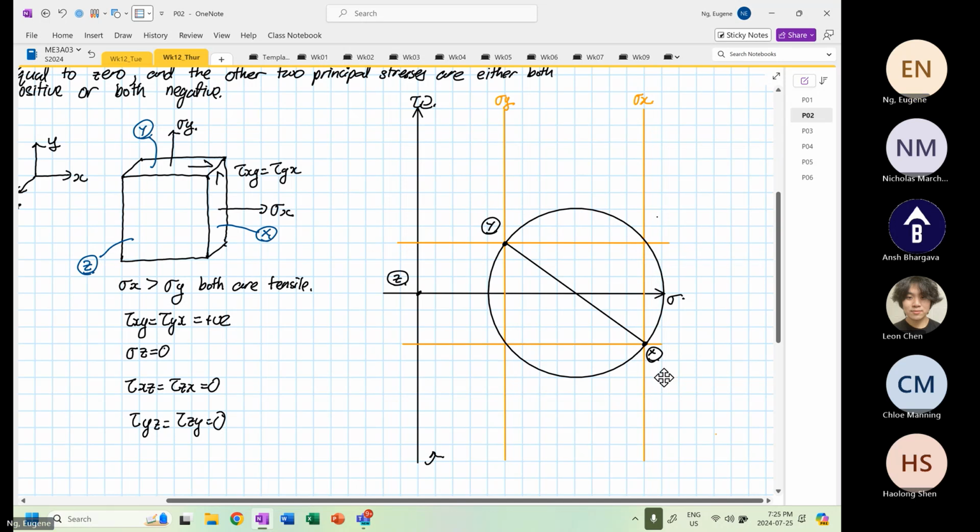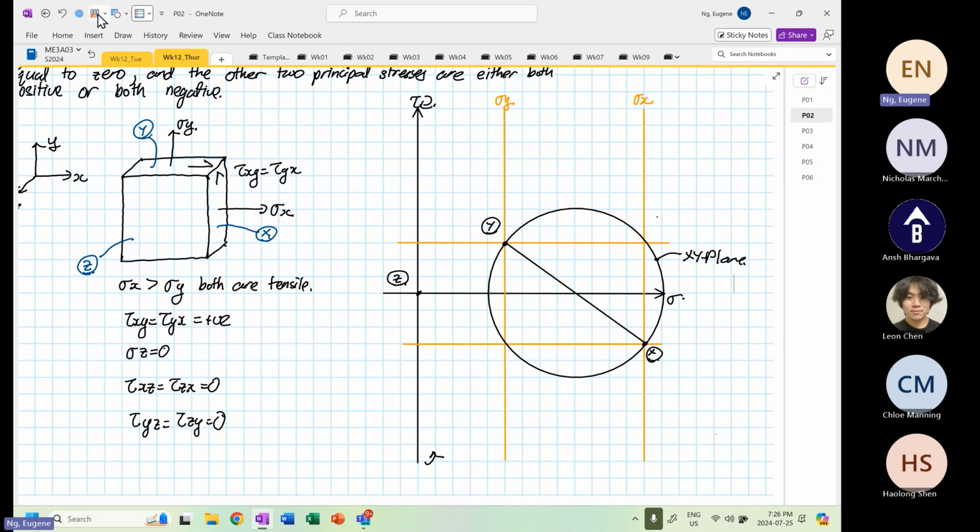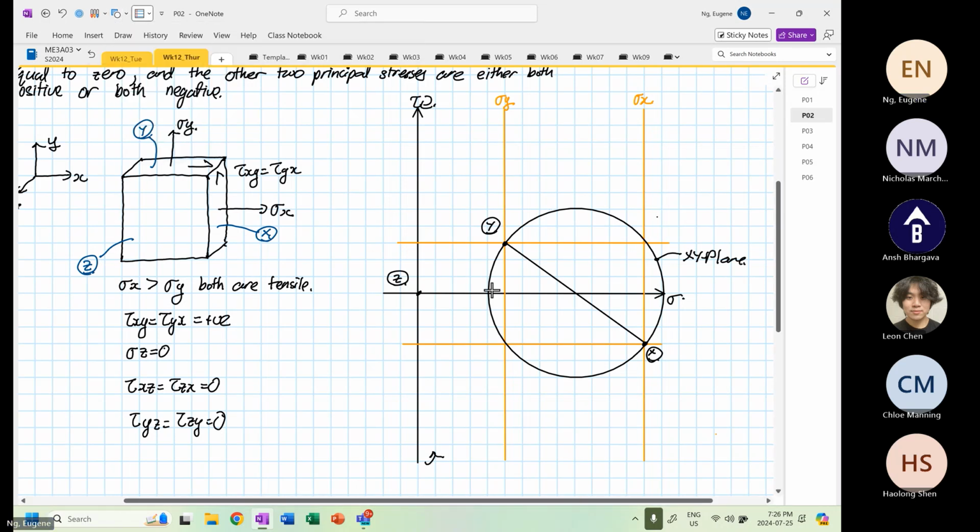Okay. So we know this belongs to our XY plane, right? And then I'm going to sketch the other circle, and the other circle is here.